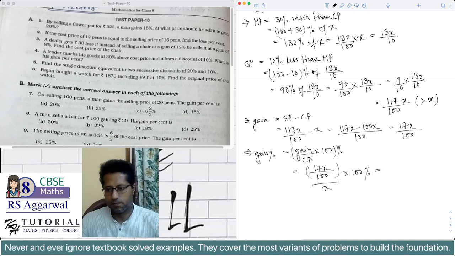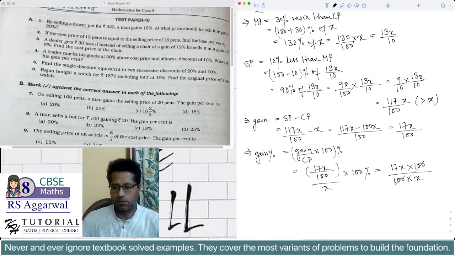This is equal to 17x multiplied by 100 divided by 100 multiplied by x. 100 cancels out, x cancels out. This is equal to 17%. So the gain percent is 17.